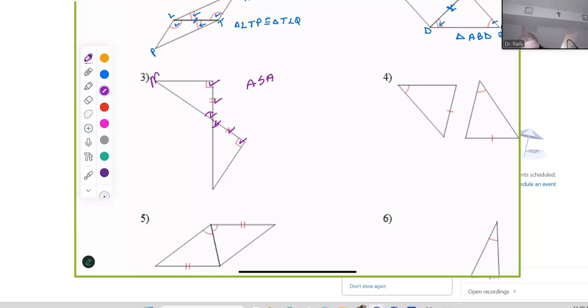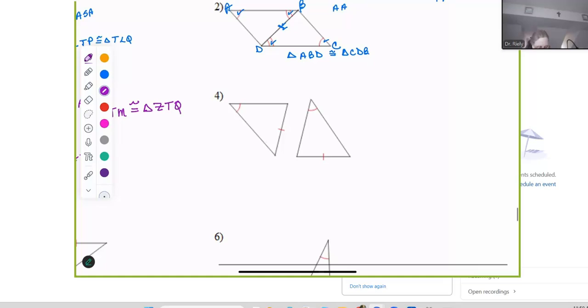And let's say this is M, N, T, Q, Z. So if I do the right angle, the vertical angle, and the other, it's congruent to the right angle, the vertical angle, and the other. That's my congruency statement. Okay, here I only have one side and one angle, so this is not enough information.